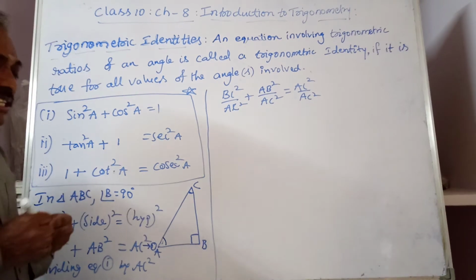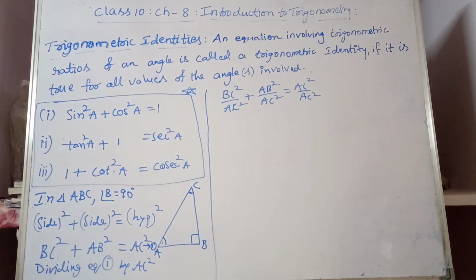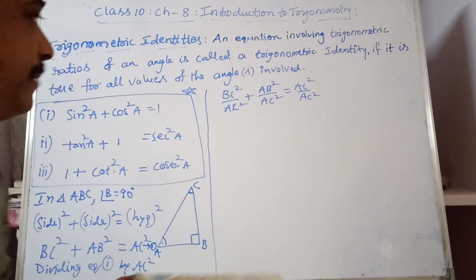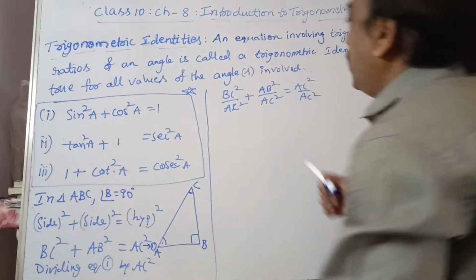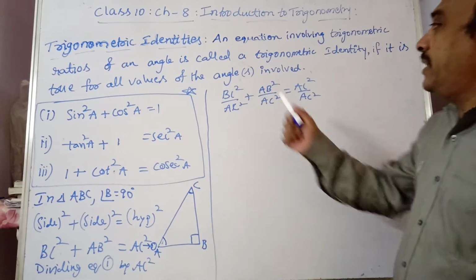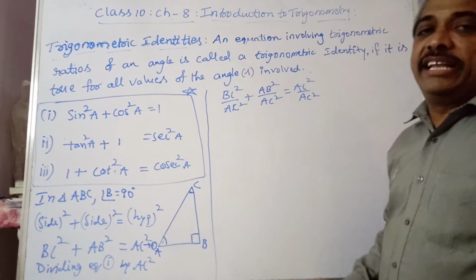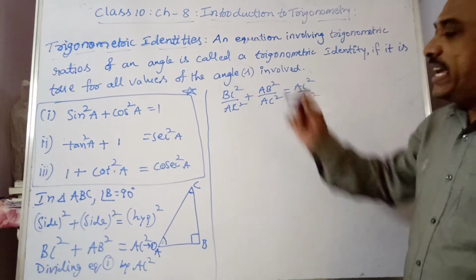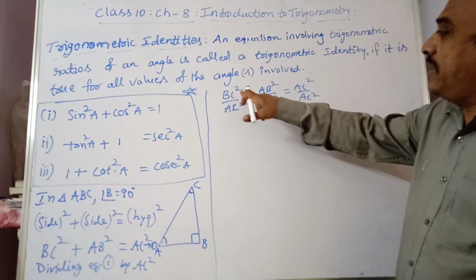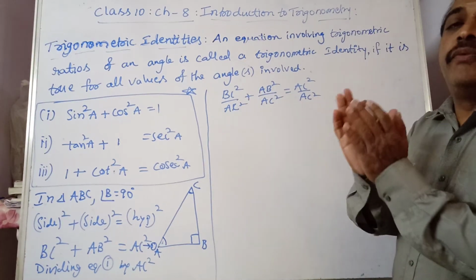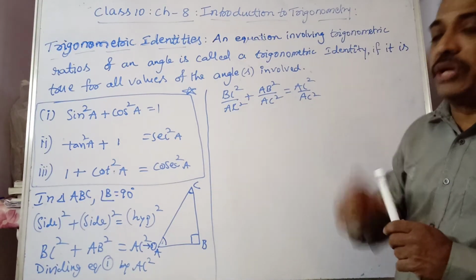Now BC square by AC square, you can observe it clearly. The square is for both numerator and denominator, so we can write the square for both together.